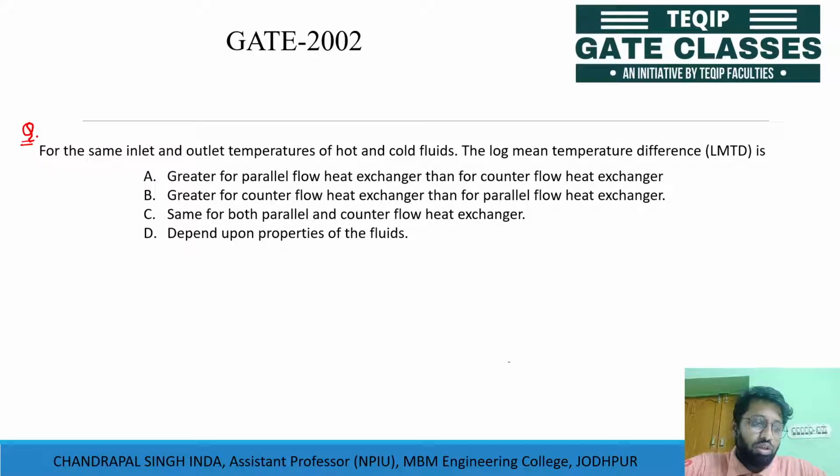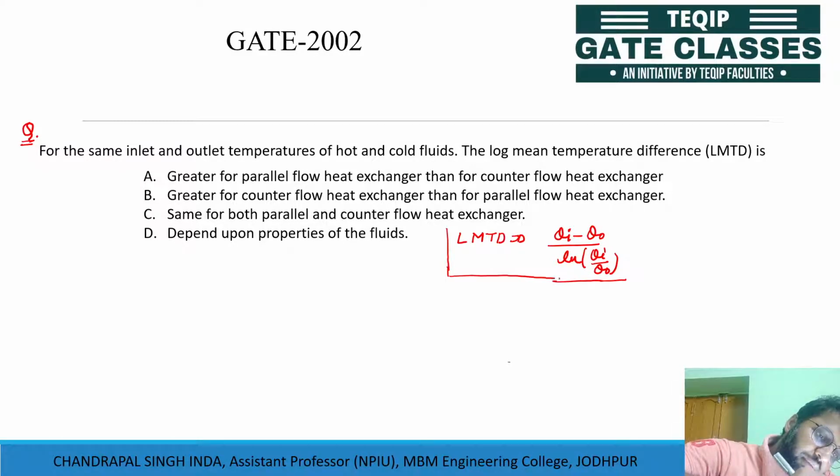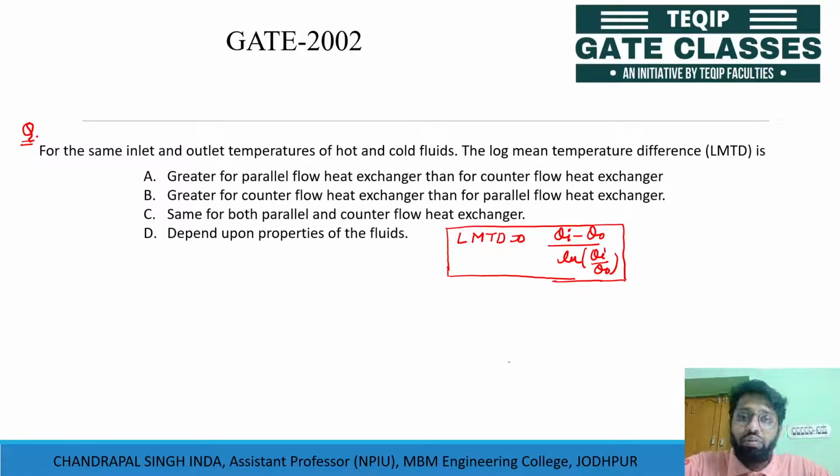So in the formula of LMTD, we have theta inlet minus theta outlet divided by ln of theta inlet by theta outlet. By this term we can say that it only depends upon the temperature difference between the hot and the cold fluid at the inlet and the outlet of the heat exchanger.